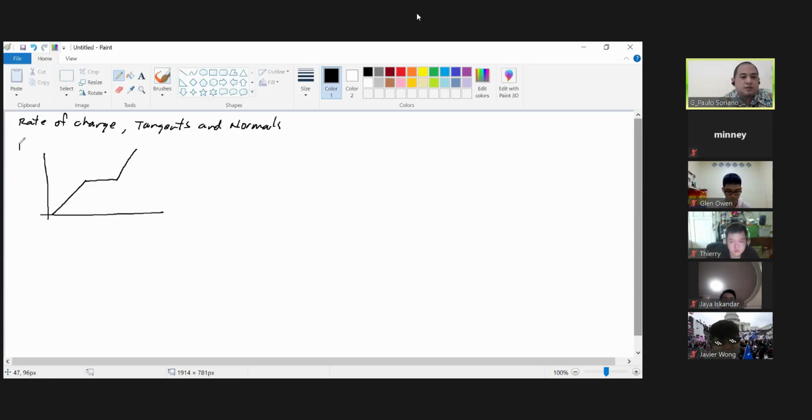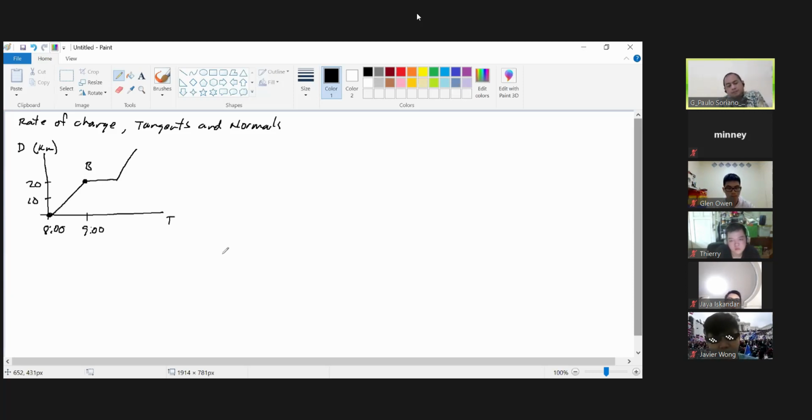This is distance in kilometers, and this is time in hours. It starts off at 8 o'clock, then 9 o'clock, and let's say this is now 10 and 20. So from point A to point B.